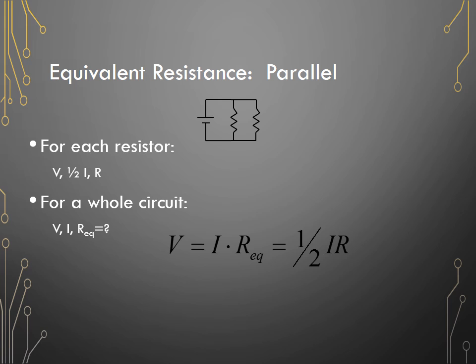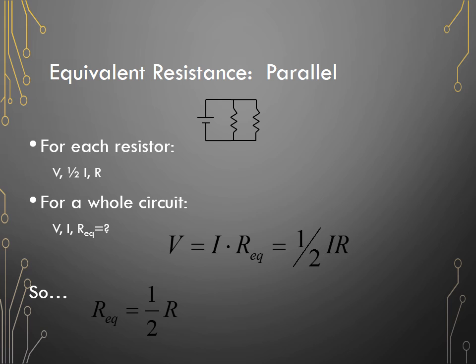Okay, so for the total circuit, my voltage equals I times the equivalent resistance of the circuit. But for each resistor, which has the same V, it's 1/2 of I times R. Well, that means if I simplify all this, I can get the equivalent resistance is equal to 1/2 R. So having two light bulbs in parallel meant that I had less overall resistance than just one.